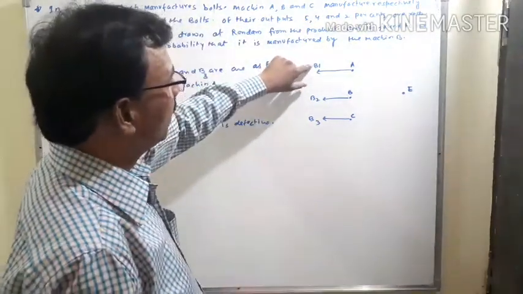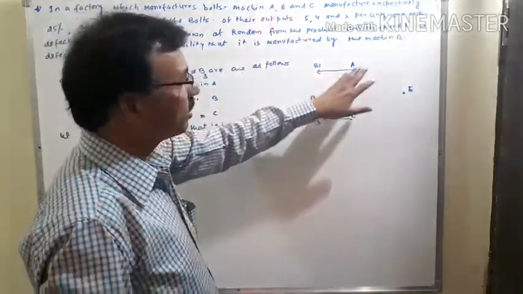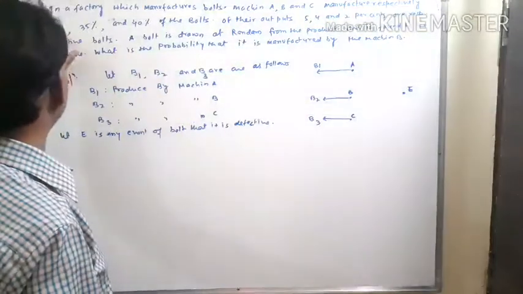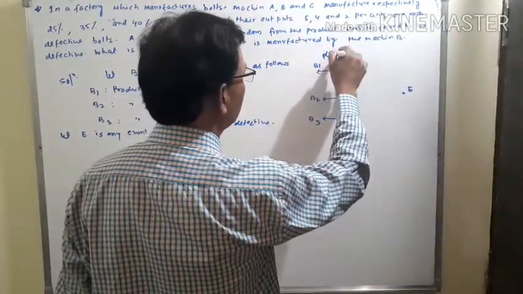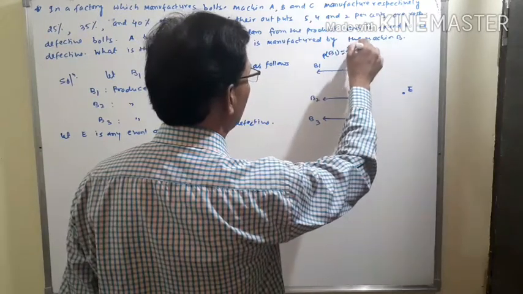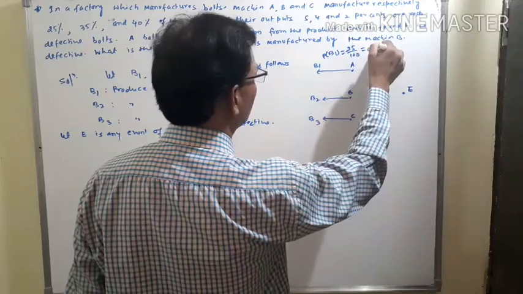That means how many percent production is produced by machine A. This is given as 25%. That means here P of B1 is equal to 25 upon 100, this will be 0.25.